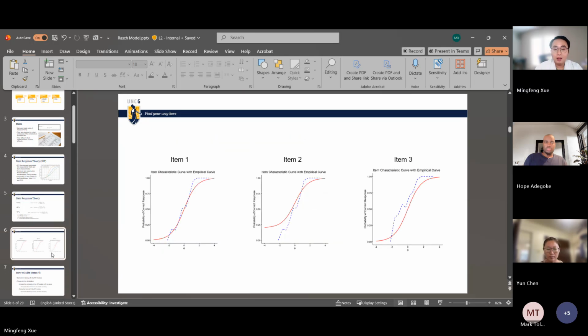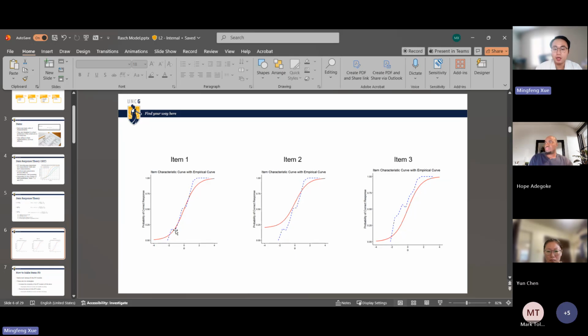But in reality, when we decide our items and collect the responses, our observation does not always fit into the curve we are trying to fit. For example, this is a Rasch model in a red curve, and we also have our observation in a blue dashed curve. You can see there's some deviance between our expectation, the red curve, and our reality.